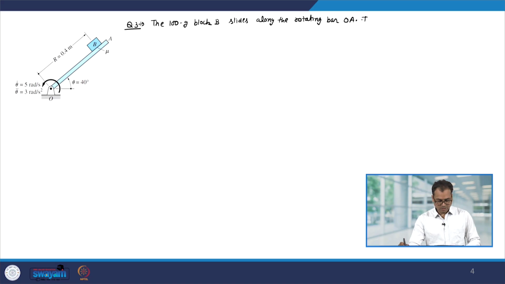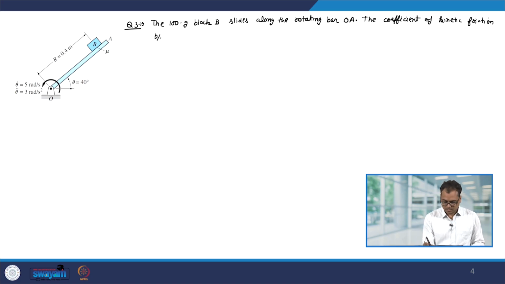The coefficient of kinetic friction between B and OA is mu k equal to 0.2.